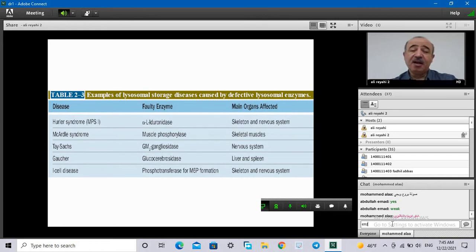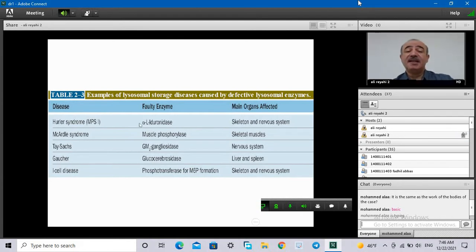The enzymes of the lysosome are very important, and the lack of these enzymes usually leads to a specific disease. For example, Hurler syndrome. Hurler syndrome involves skeleton and nervous system defects, okay? It is caused by the lack of alpha-L-iduronidase.